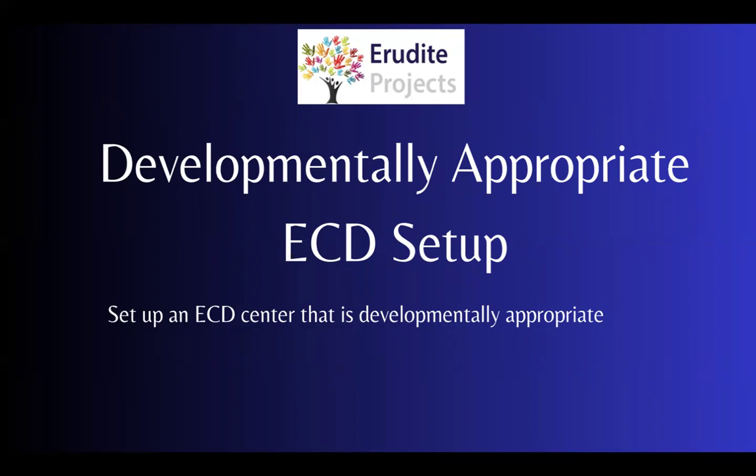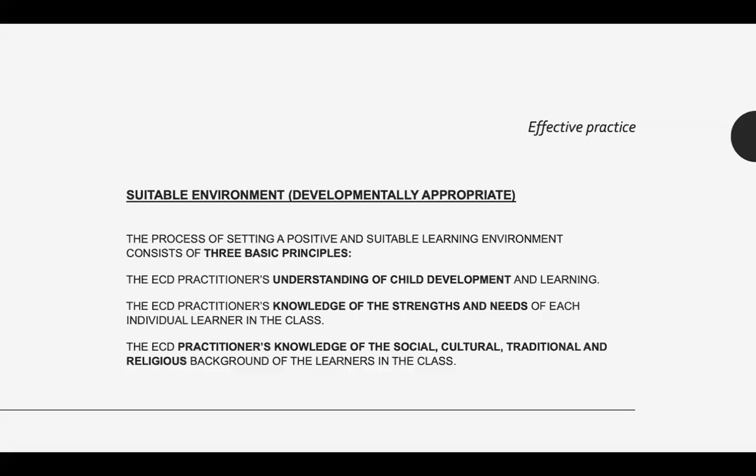All right. So when we look at developmentally appropriate setups, we're looking at what makes an ECD center successful and correct. In order for there to be a suitable environment, three things need to happen. Number one, we need to understand how children develop. That's why you do a lot of child development. Number two, you need to understand what the strengths and weaknesses are of each child in your class.